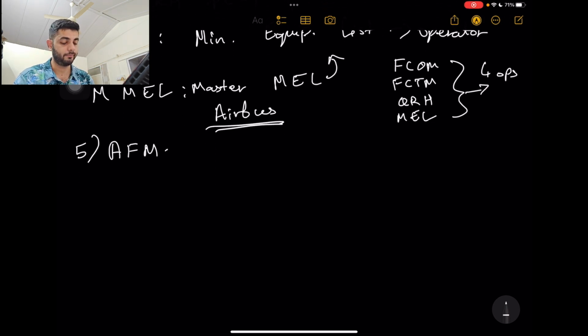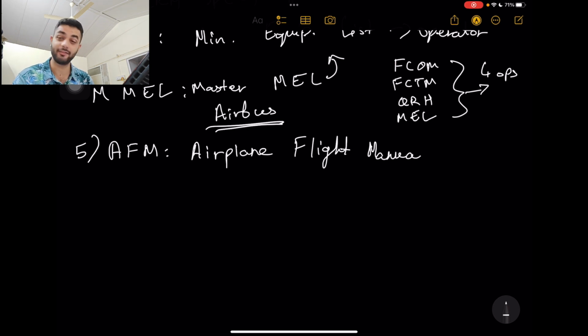Now you have AFM. AFM is not aircraft, it's airplane. This is where the pitfall happens in AFM. Airplane flight manual, not flying manual, again, because they will question you, and then you will feel so irritated when you realize, oh shit, yeah, I knew that answer and I've made this mistake.